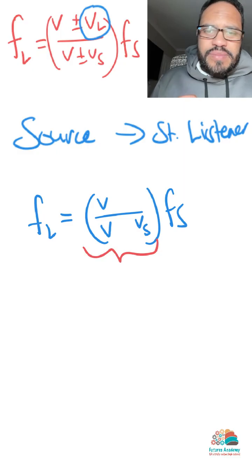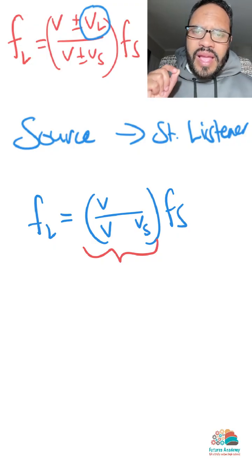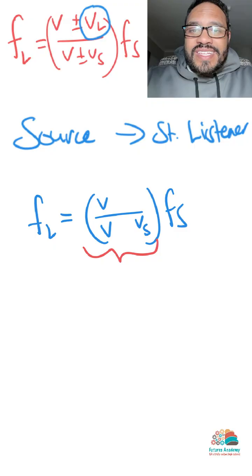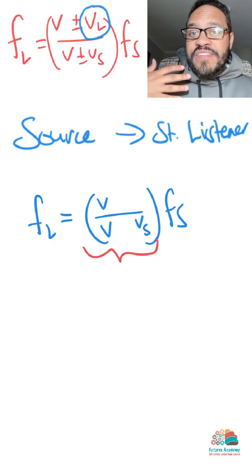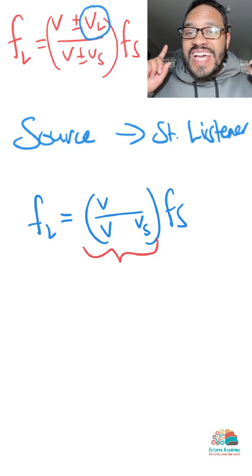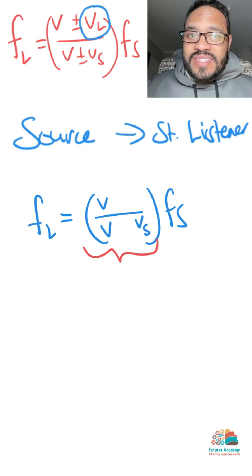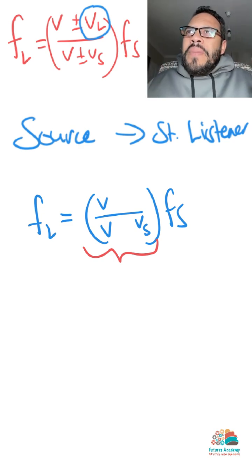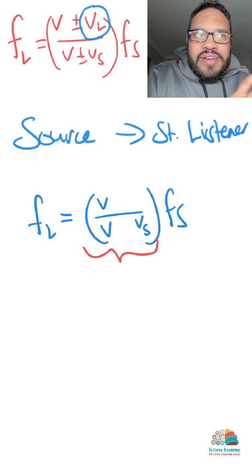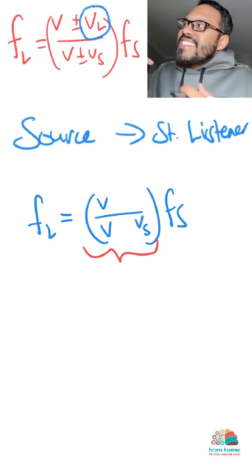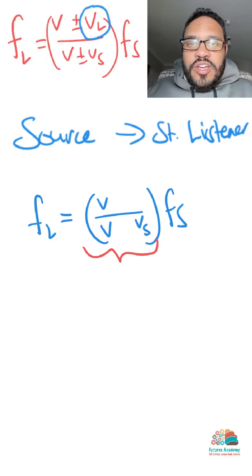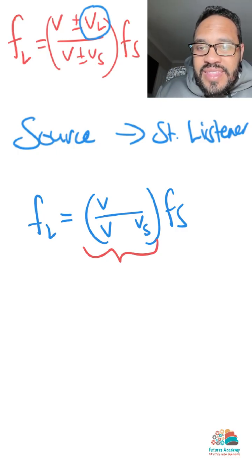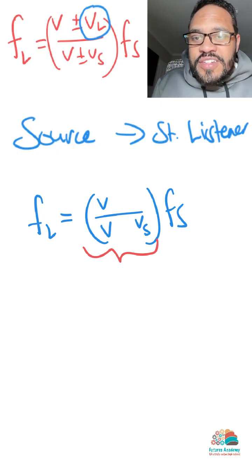If you think about this multiplier, guys, when the source moves towards a listener, it appears as if the frequency is higher. Now when you make comparisons and you say things like higher, it must be higher than something. In this case, it's going to be higher than the frequency of the source.